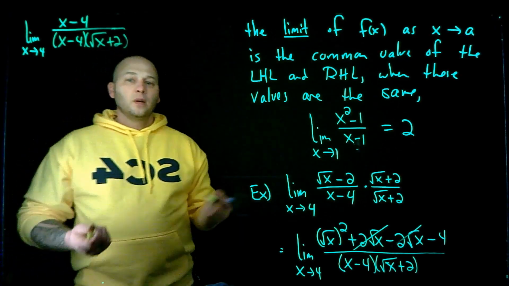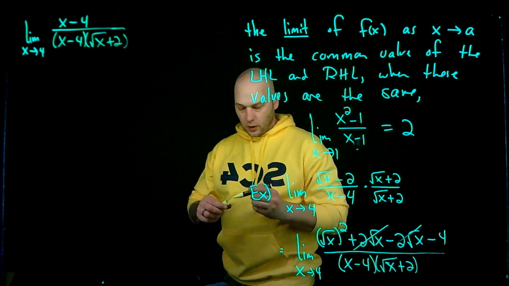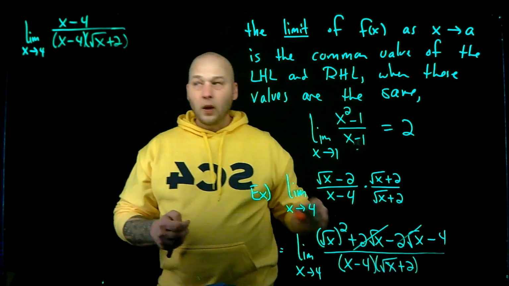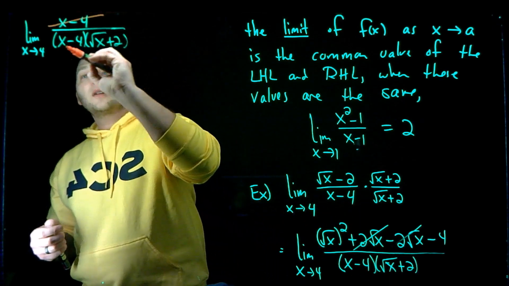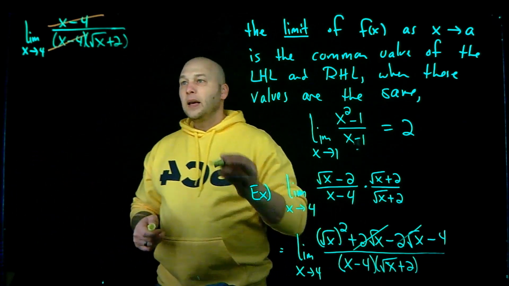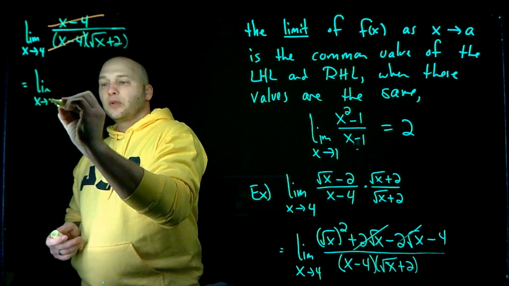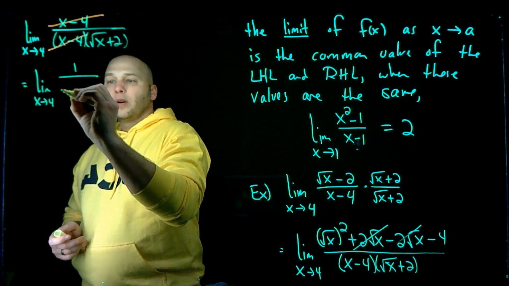Okay. Remember I said that x minus 4 was going to go away, so at this point it does go away. That's a factor and that's a factor. Common factors are eliminated, and what I'm left with is the limit as x approaches 4 of 1 over root x plus 2.